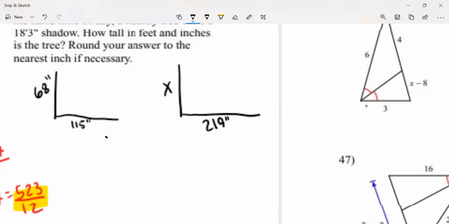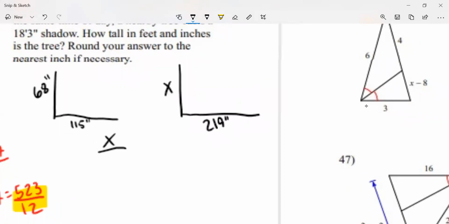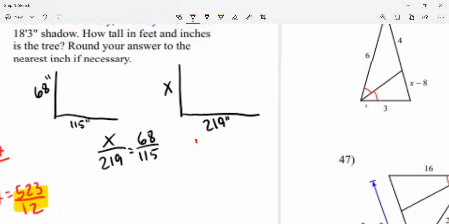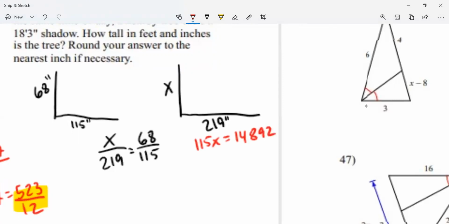I'm going to go x over 219 is equal to 68 over 115. When I cross multiplied, I'm going to get 115x equals 68 times 219, which is 14,892.